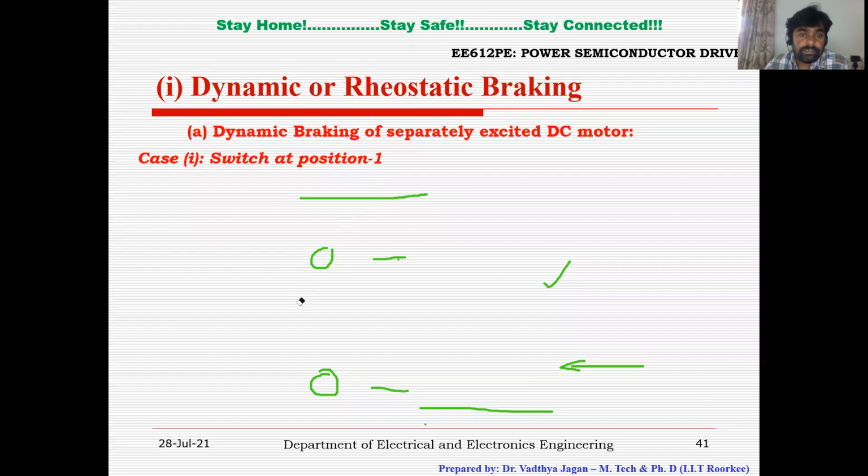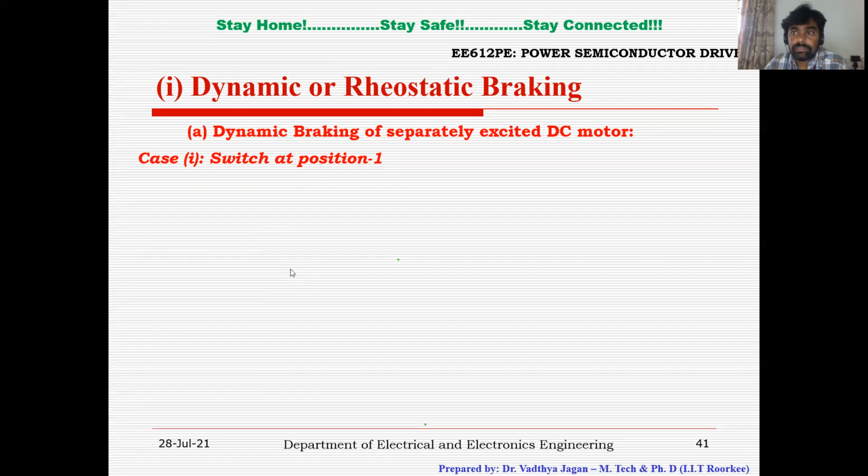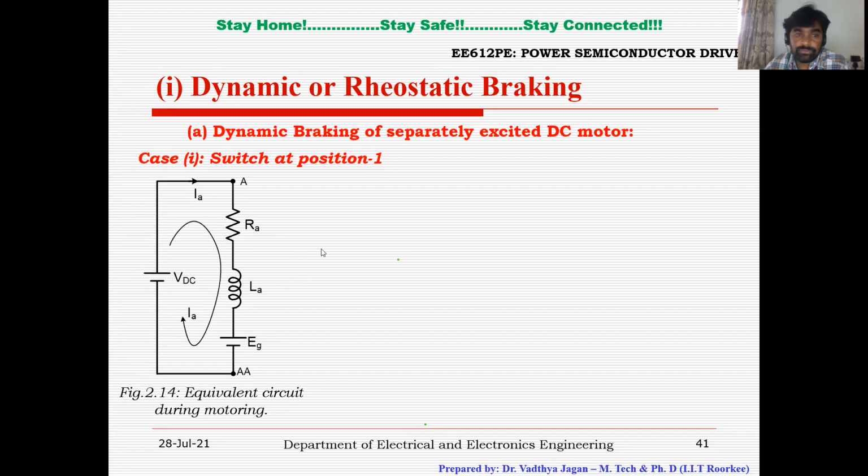Here you can see the electrical equivalent circuit when the separately excited DC motor terminals are connected to the DC source, with VDC positive and negative plates. This is the electrical equivalent circuit of a DC motor in running condition, so we'll have some back EMF, where RA is the armature resistance, LA is the armature inductance, and EG is the back EMF, right?